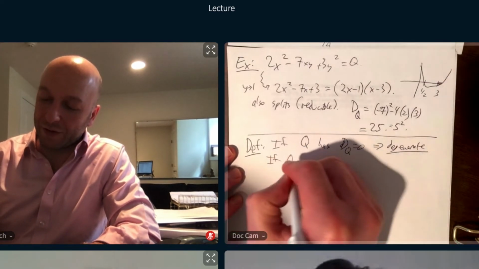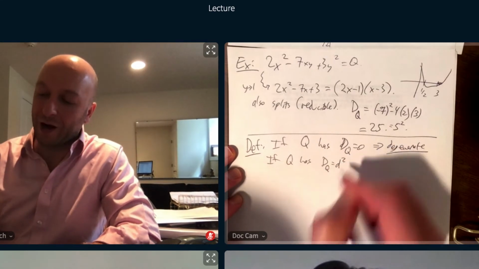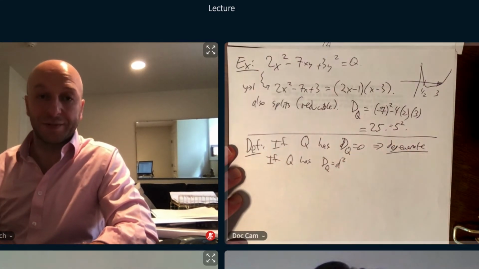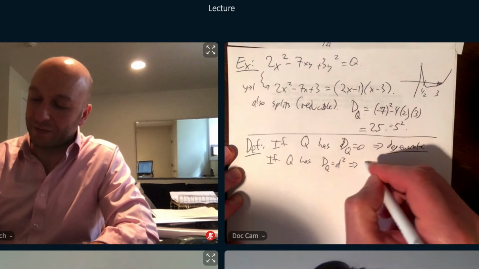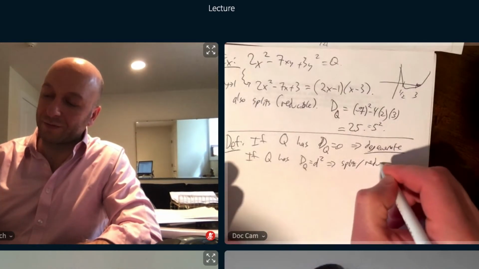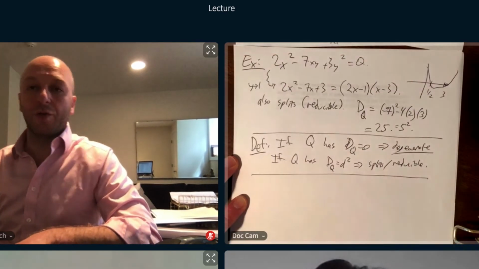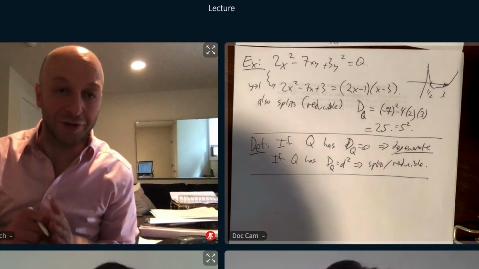If Q has discriminant a perfect square, then it splits, or is reducible. Okay? So these are the discriminants that we do not want. The problem is not interesting in those cases.